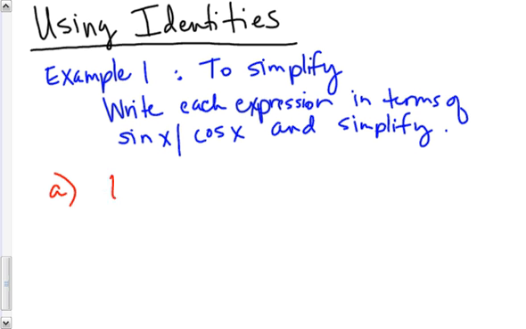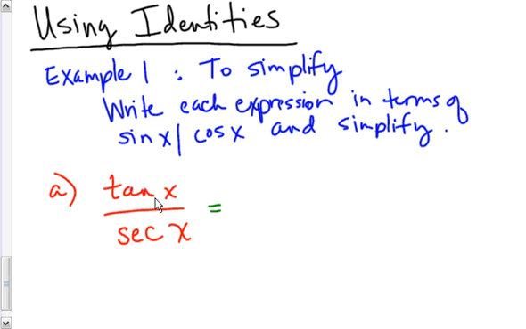Alright, the first one, tangent of x over secant of x. So we're going to write in terms of sine, cosine. If y'all think back, how can I write tangent in terms of sine, cosine?